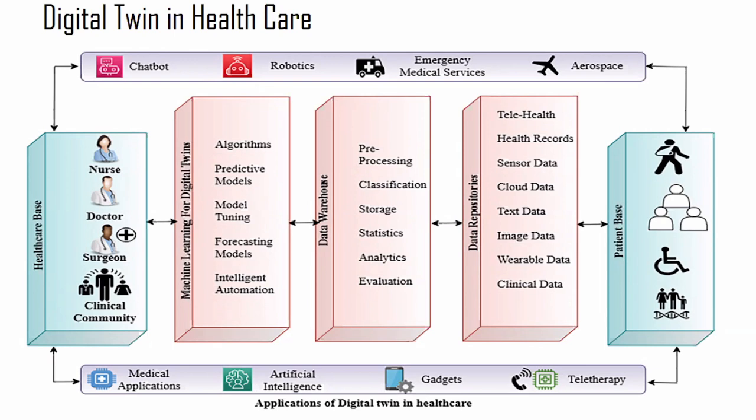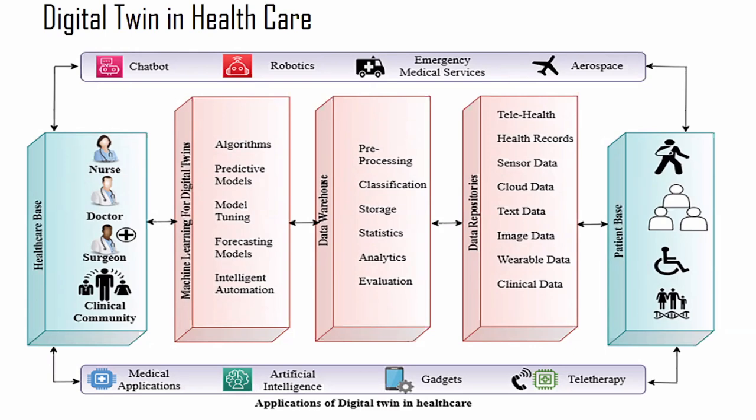What I am speaking about is the way of implementing digital twin technology in the real world. So this patient base will be connected with data repositories, first of all.